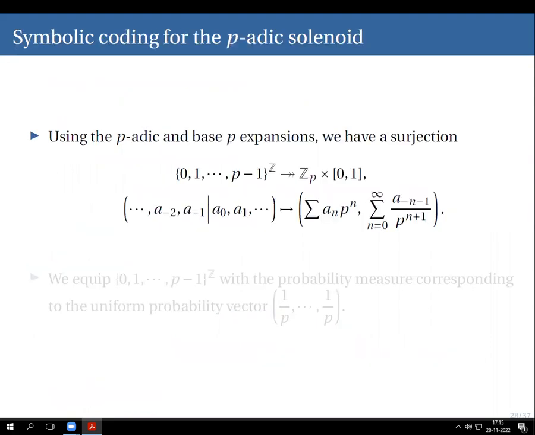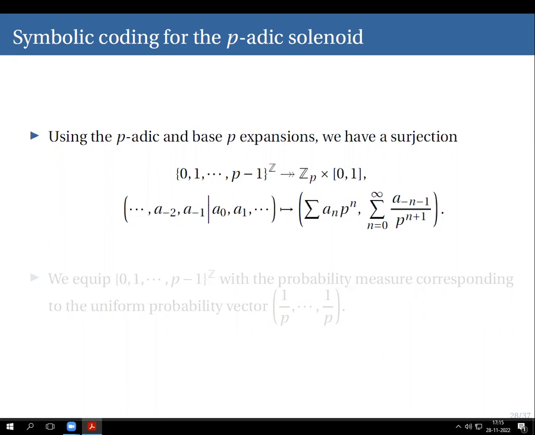The map I'm interested in is a shift map. I have the alphabet space {0, ..., p minus 1} to the Z, which maps to the fundamental domain Z_p cross [0,1]. If you have a_0, a_1, and so on, you map them to the p-adic expansion, and the digits with negative indices you read as a base p expansion.